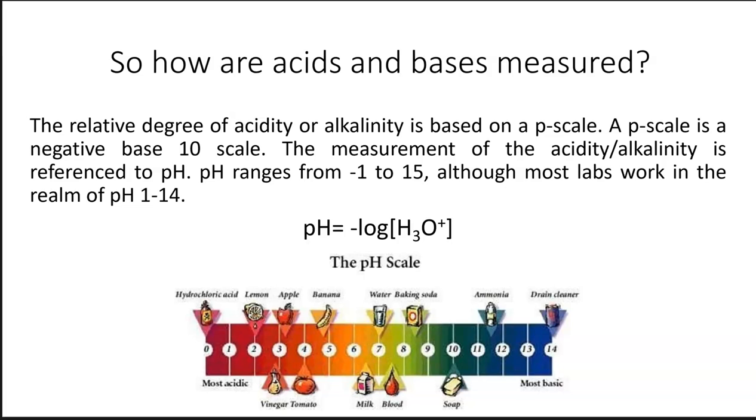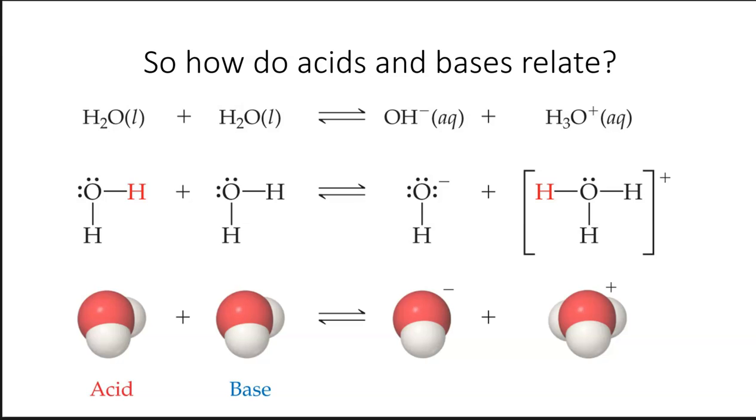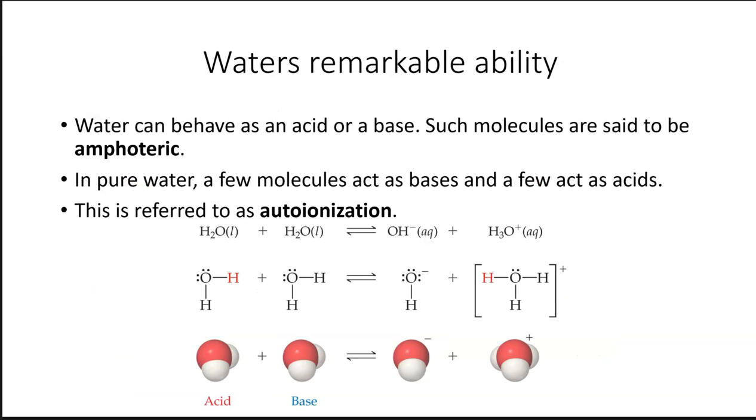So we have varying degrees of acidity or alkalinity as we describe the basic side. So we've got this relationship of water to hydronium and hydroxide ions. And as we said before, water is amphiprotic. It can behave like an acid or a base, and in this case it's behaving like both.